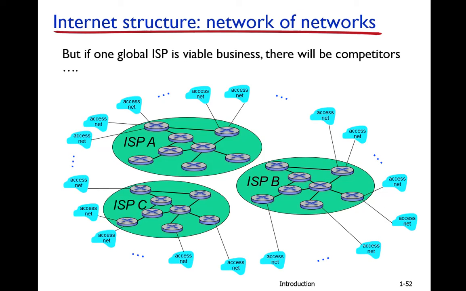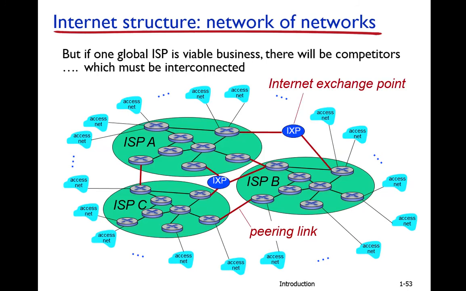In a similar way, the access networks are interconnected with each other through one regional ISP. Similarly, these access networks are connected to other ISPs, and so on. And then these regional ISPs can be interconnected with each other. Okay, so they are interconnected.